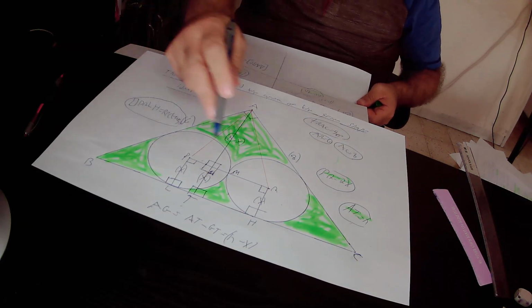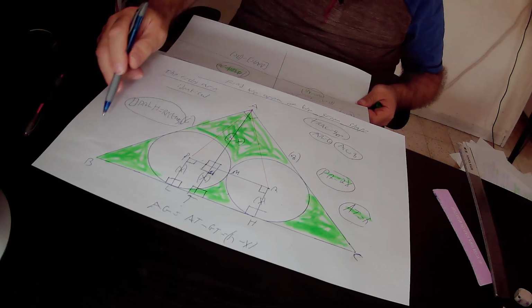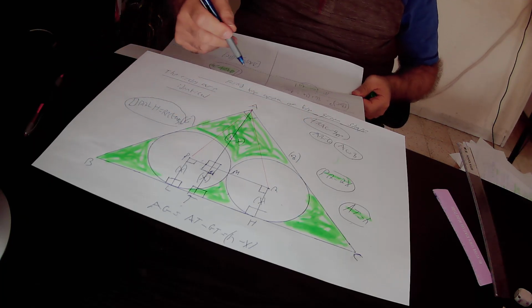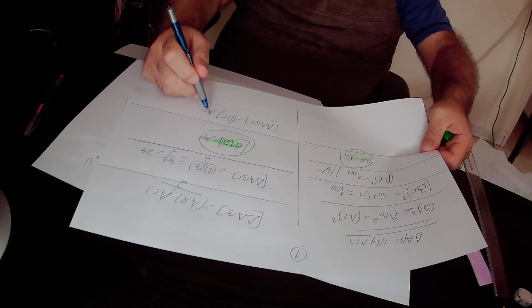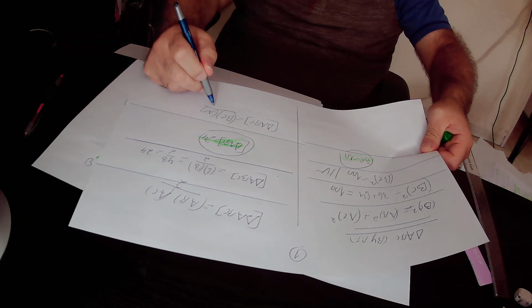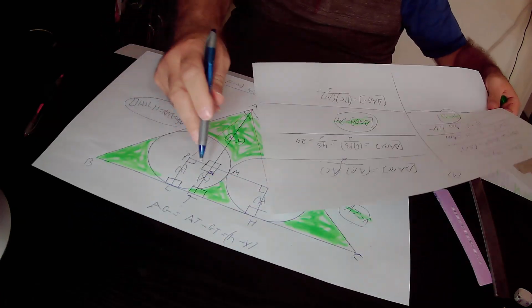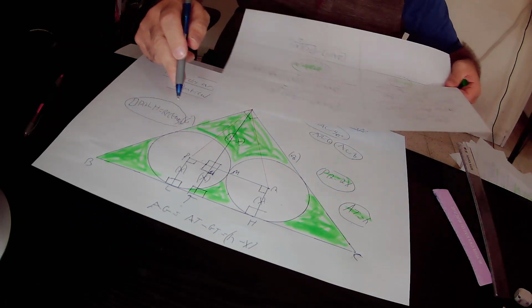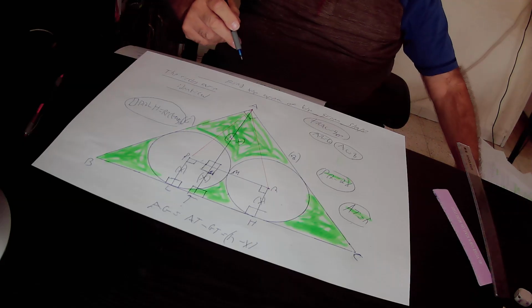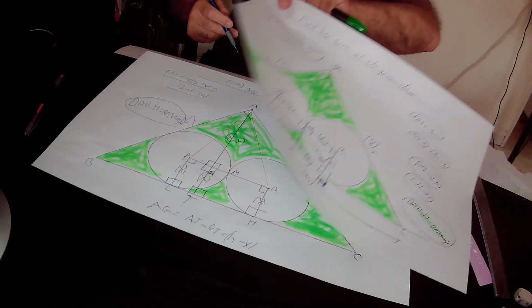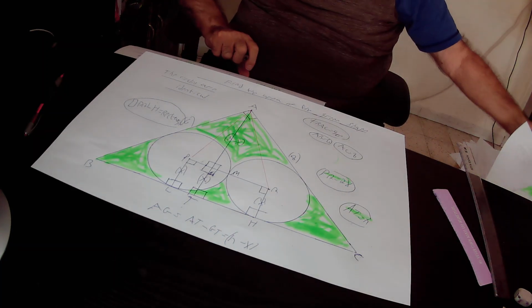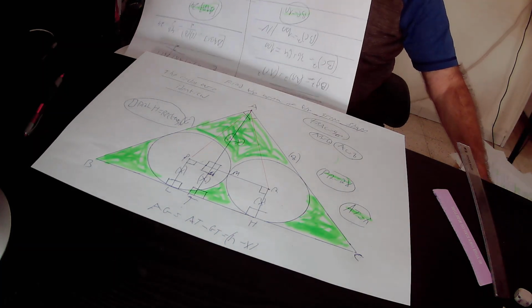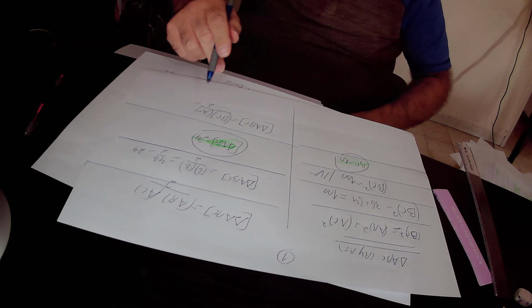The height to the base BC is AT, and this equals H. That is BC times H over 2. We already found out that BC equals 10 units in its length.